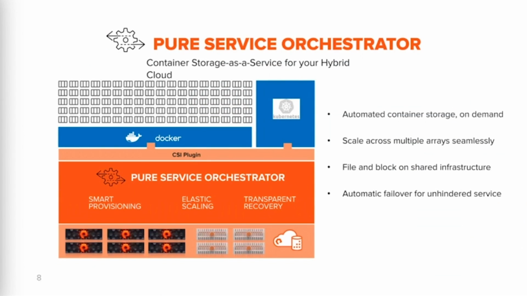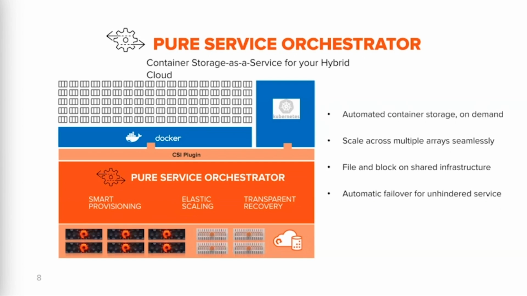So Pure Service Orchestrator, the latest version over the last year and a half, is obviously a CSI driver, since CSI is GA. And even though we did have a driver before that, this is what you would use going forward. And it provides the ability to scale, provide storage on demand for containers, scale across multiple systems seamlessly, use file and block on shared infrastructure, and then automate failover, which is very important, right?